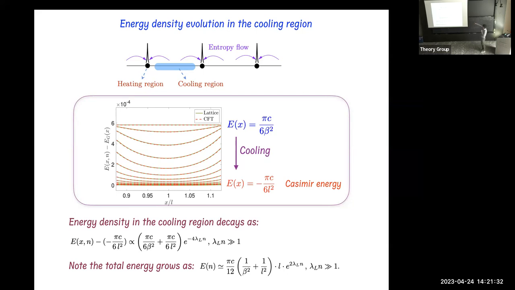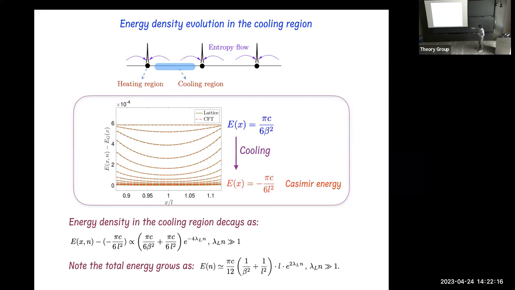Now, as we drive the system, we find that this energy density will decrease to the Casimir ground state value, which is some negative value. In this plot, the red dashed line is the CFT calculation. We also do the lattice simulation, which is the green line. Maybe you cannot see it clearly, but they agree very well. So we can say the energy density goes from the thermal value to the ground state Casimir value in time.